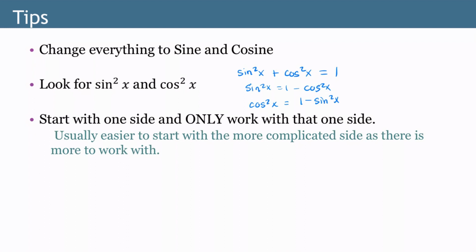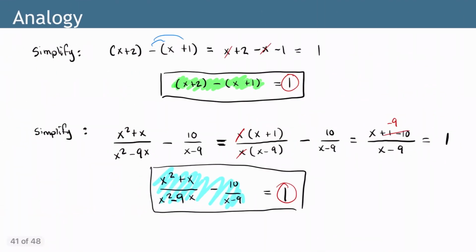And then the other big thing is whenever you have an identity, probably the biggest mistake I see: you're trying to prove this equality. You don't know it's equal. So we're not solving an algebra equation. Think of it as what I did back on this page. We're simplifying, okay?